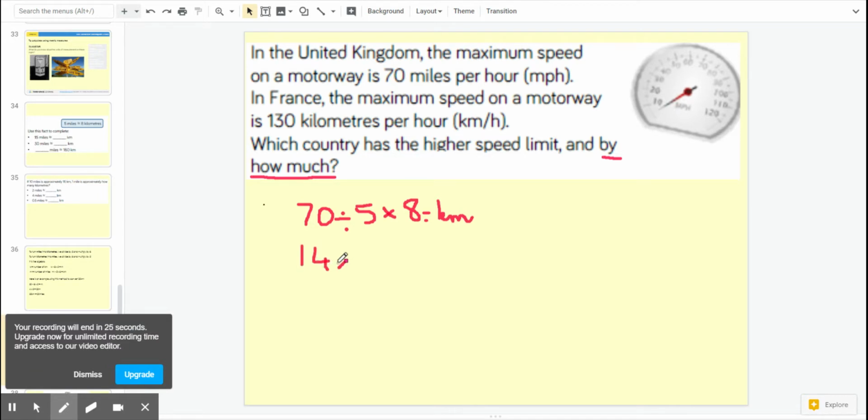Times that by 8 equals our kilometres. So 14 times 8 is 112 kilometres. So we can see that in the United Kingdom, it's 112 kilometres per hour, and in France, it's 130.